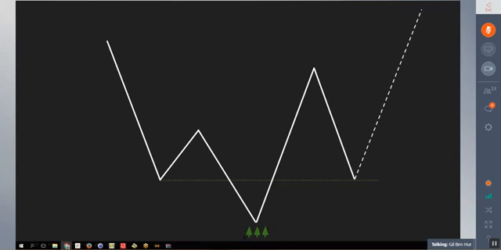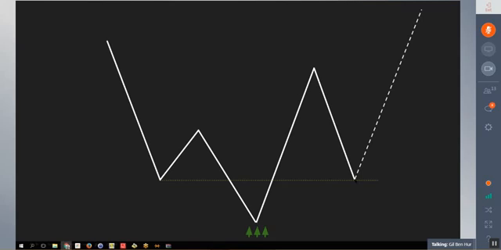So it means for us that we have buyers' power, and there's an order flow for the buying side on this tip.